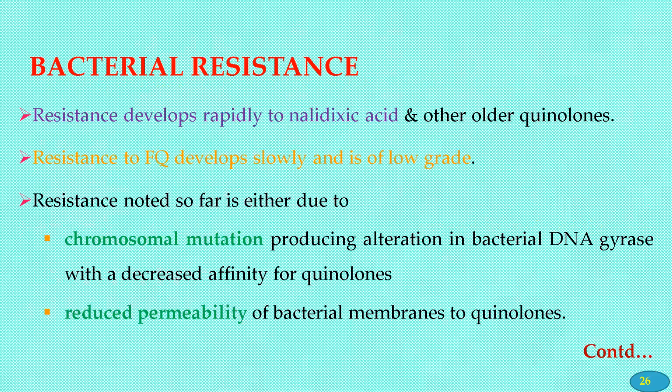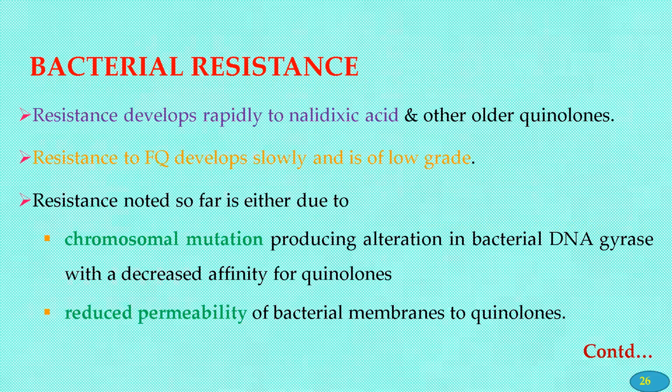And coming to the bacterial resistance, it develops very rapidly, so that the nalidixic acid and other older quinolones have already developed the resistance, whereas it develops slowly and it is of low grade for the newer ones. And resistance is noted by a variety of mechanisms. The number one is the chromosomal mutation.